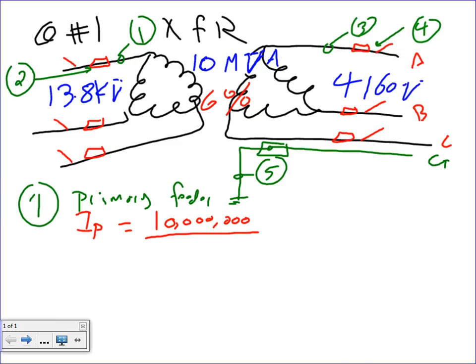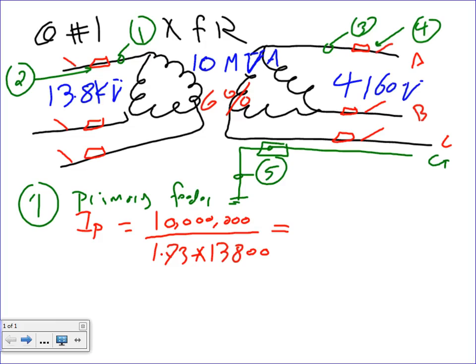Don't forget that 10 meg is 10 million, divided by 1.73 times 13.8, which is 13,800. I don't put the zeros most of the time, but I put it here because it's a 10 meg and I've not used them in an example before. I don't have an example already done for you, so I need somebody to do the calculation.